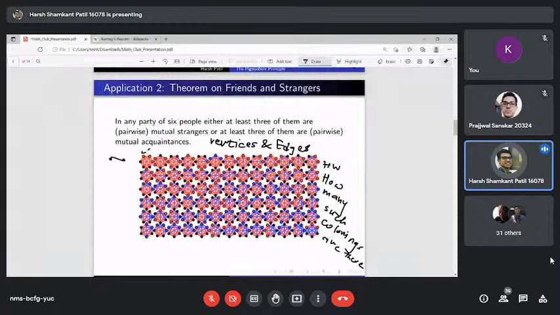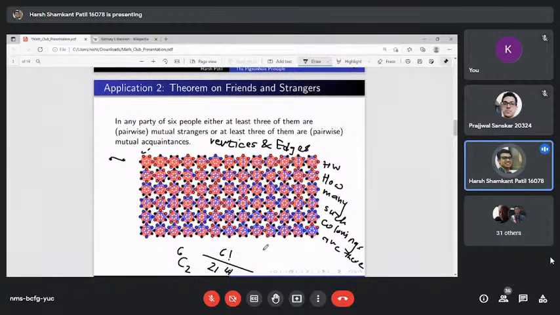First, tell me how many edges are there. Like 6 edges would be there, right? No, 6 people are there, but how many edges? So edges would be 6 choose 2, right? And how much is this? 6 factorial over 2 factorial times 4 factorial.